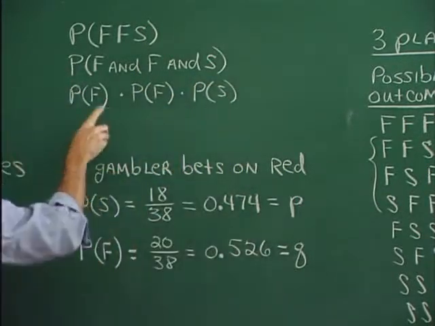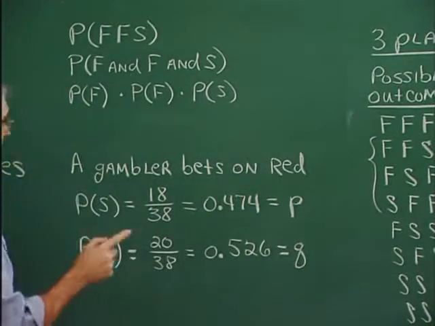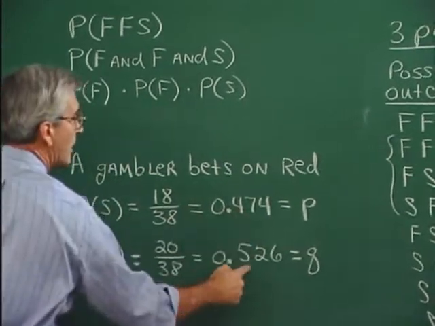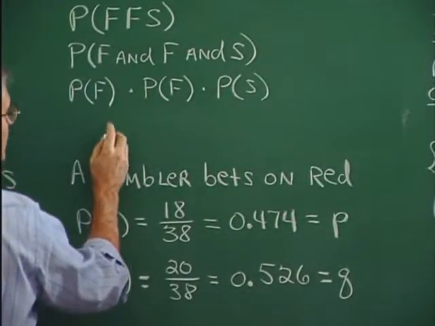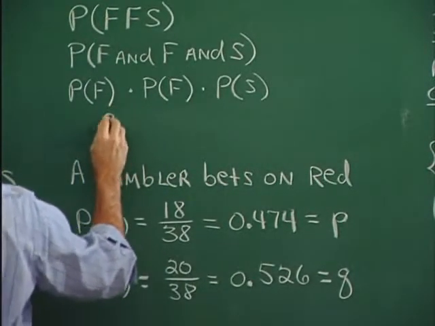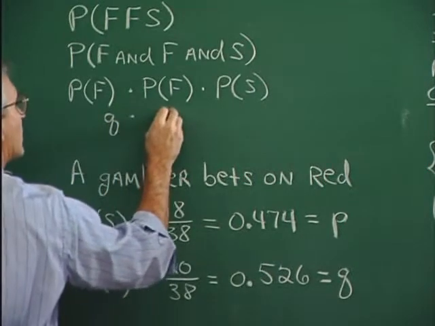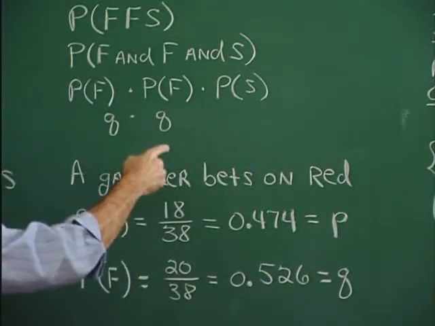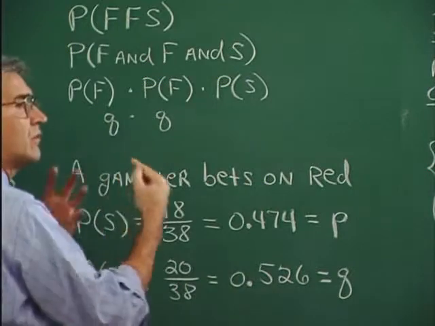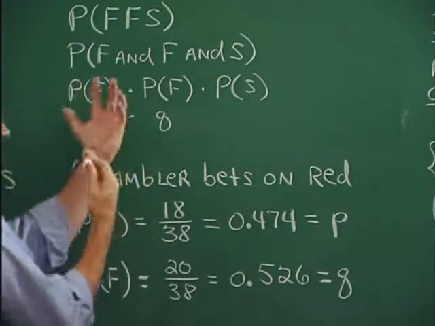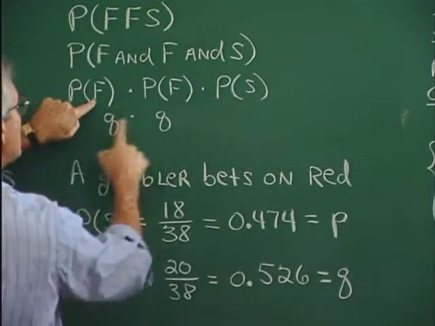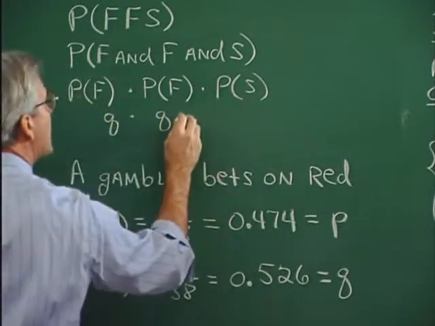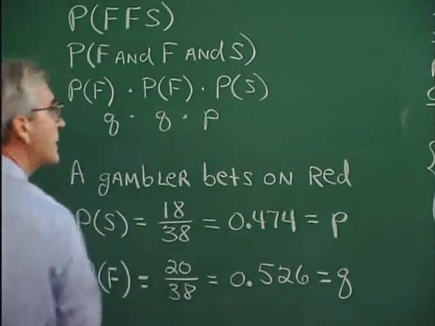Now, probabilities are associated with success and failure, and these are those probability numbers down here. So the probability of failure would be Q, and this is a Q. I could immediately put the numbers in here, but I want to make sure we understand the difference in notation and that they're sort of interchangeable. The probability P of F is the same as Q in both places, and P of S is the same as lowercase p.